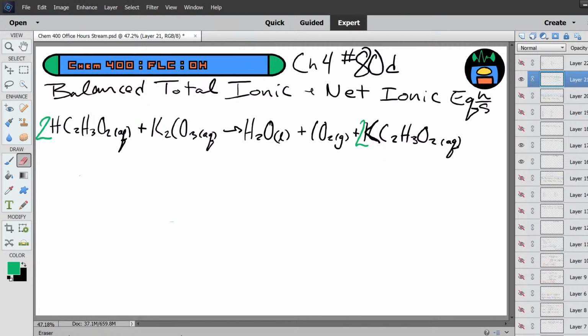All right. Now that we've balanced our chemical equation, and you always have to check, once we are, we look at where are our aqueous ionic compounds, because those are the ones that we need to break up to get our total ionic equation. So we'll have 2 molecules of acetic acid that, even though they're aqueous, they don't separate because it's a covalent compound.